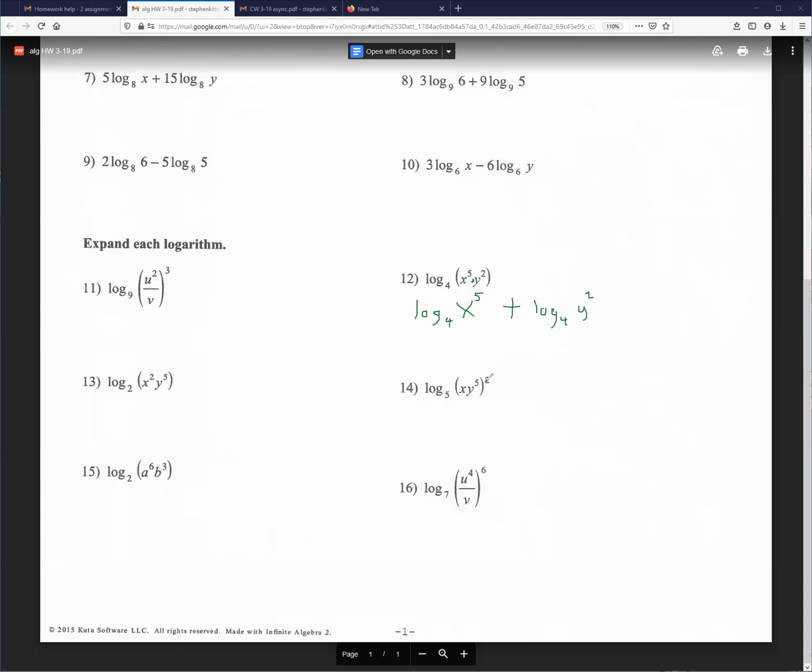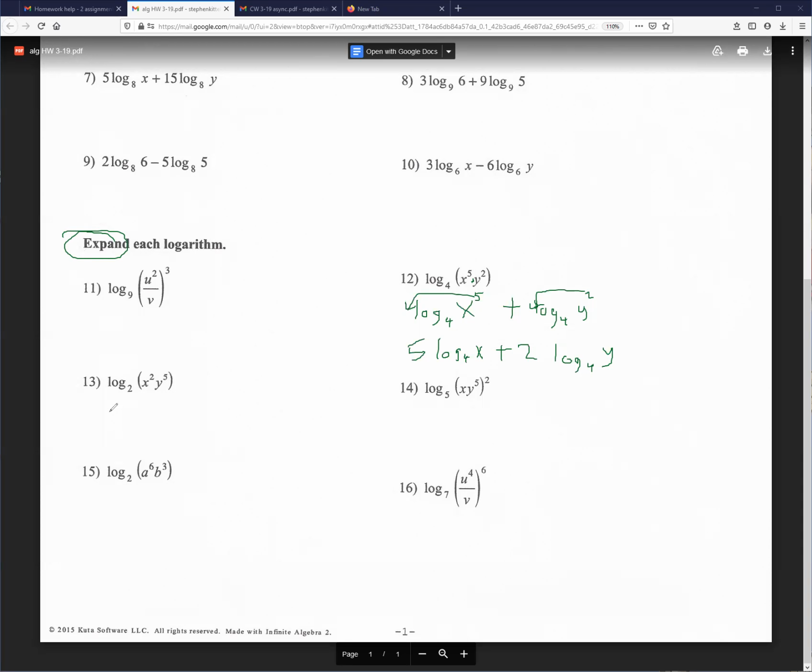And now we'll address these powers up here, and we'll say, oh, well, the 5 comes down as a coefficient, the 2 comes down as a coefficient. So it's 5 log base 4 of x plus 2 log base 4 of y. And this is what they mean when they say expand. They want you to do exactly what we did before in reverse.